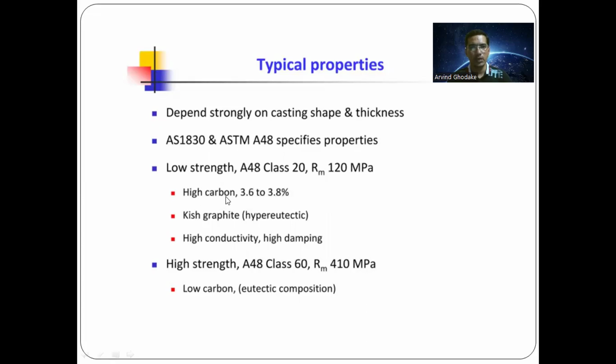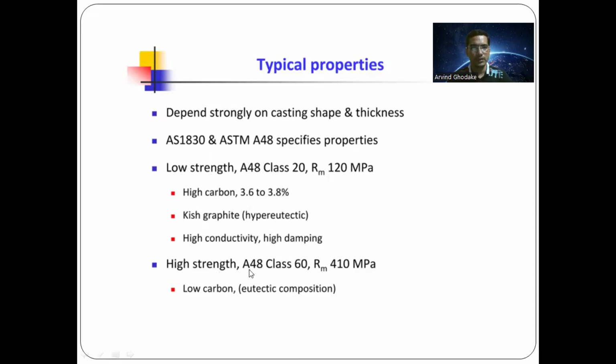A high percentage of carbon is present, from 3.6% to 3.8%. Then a hypoeutectic process occurs and pitch graphite is available. It has high conductivity and high damping capacity, for the low strength class 20 A48 type of gray cast iron.